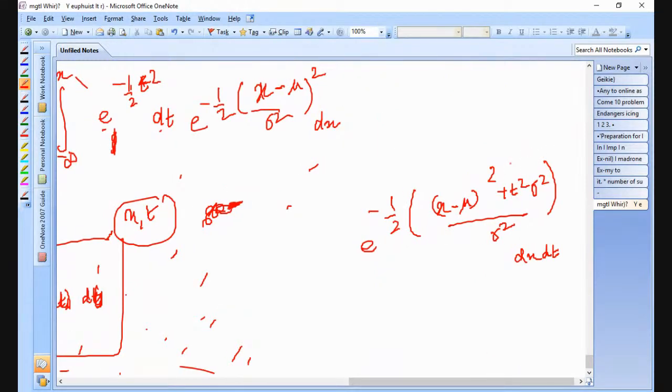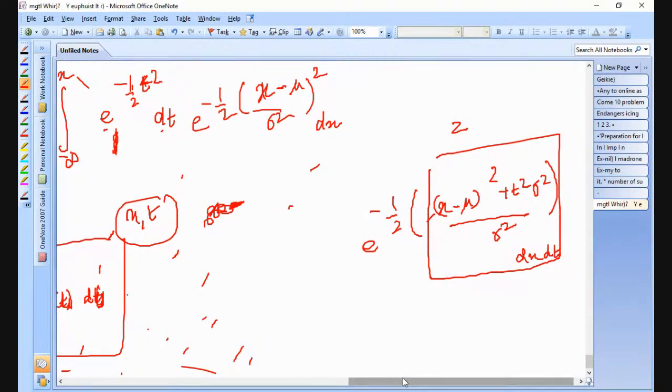If we take this whole thing to be z, something will turn out. I mean, dz will turn out to be something, and dz dt in terms of z. Z square actually.